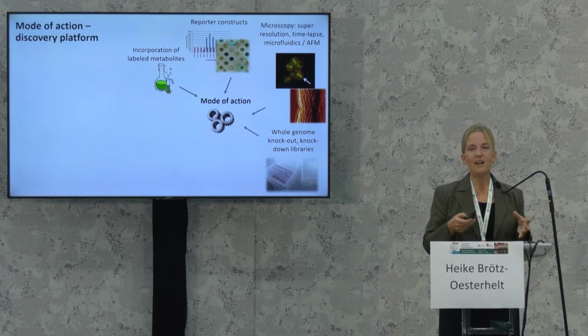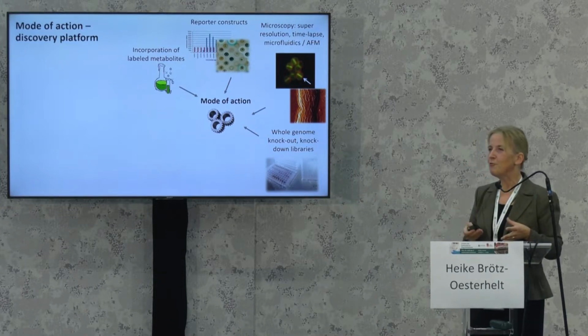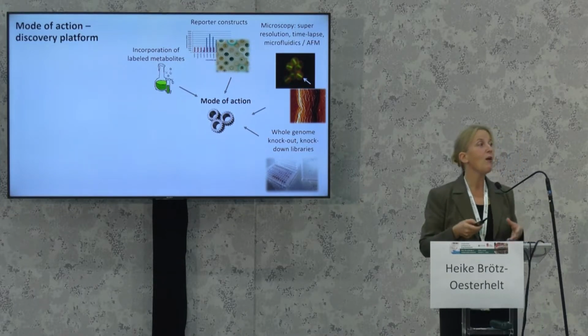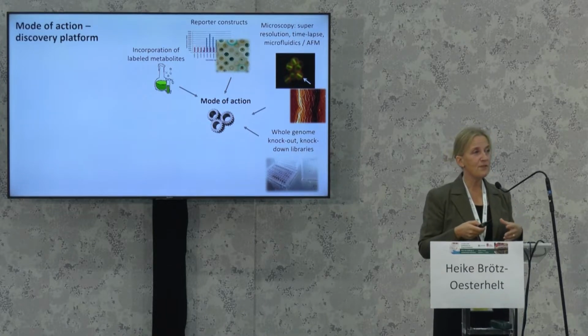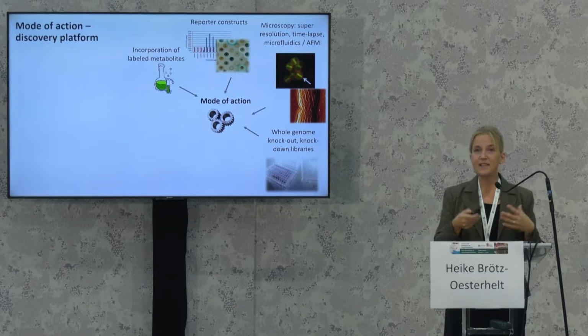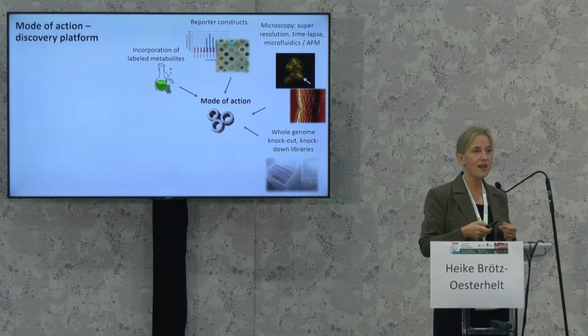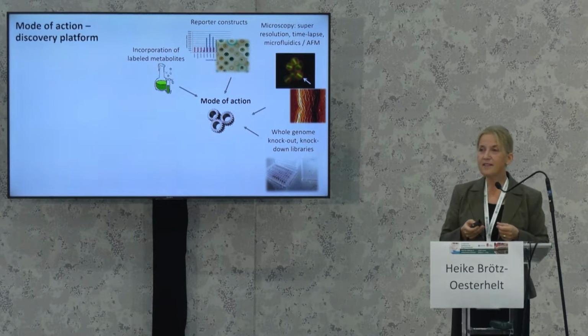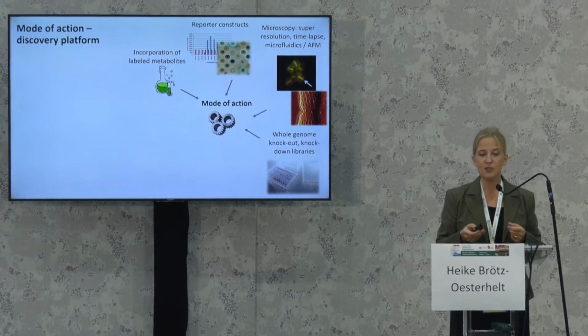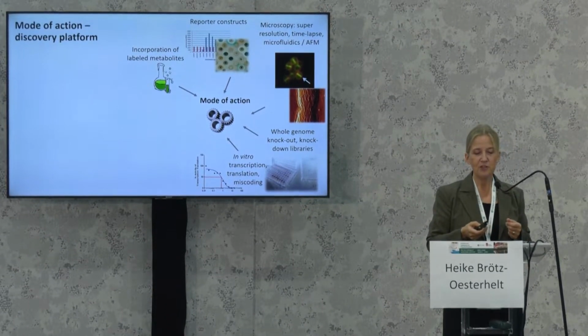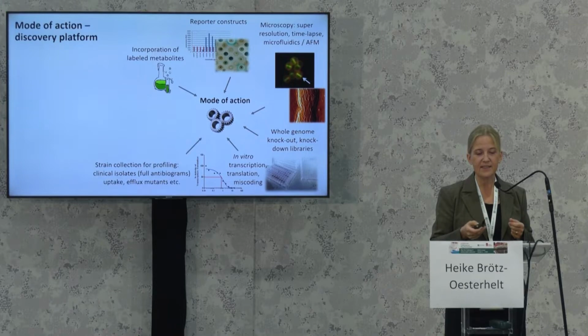There are very nice and really cool full genome knockout libraries that you can make use of if you have some expectations of a certain target area and you want to narrow down. And it's not only the knockouts of the non-essential genes, you also have knockdowns of the essential genes. I showed you the extract assays.